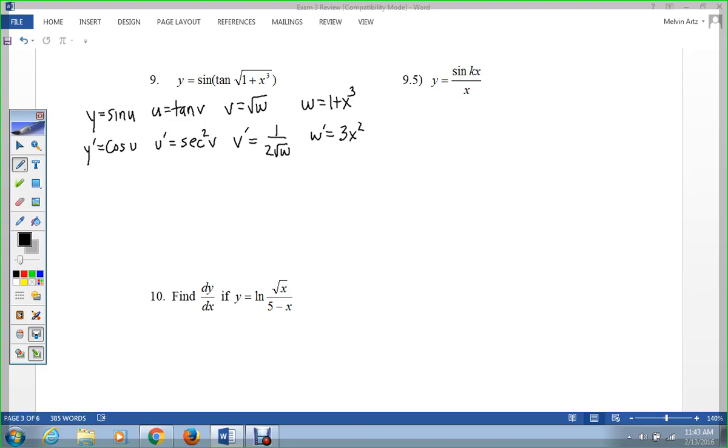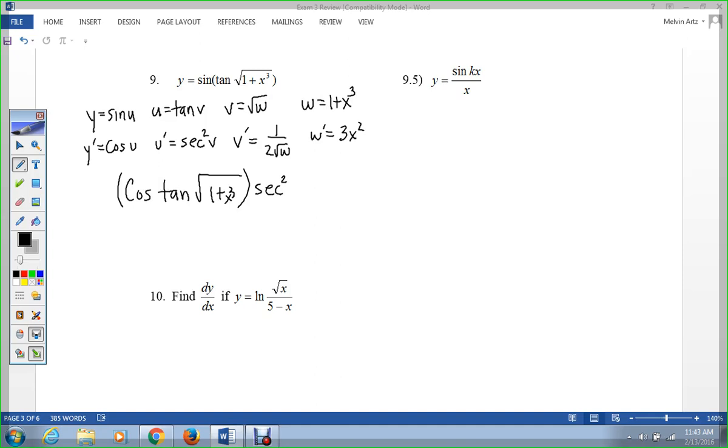Now when we multiply these all back together, cosine of u is the tangent of v, but v is the square root of w, and w is 1 plus x cubed. So there's our y prime.